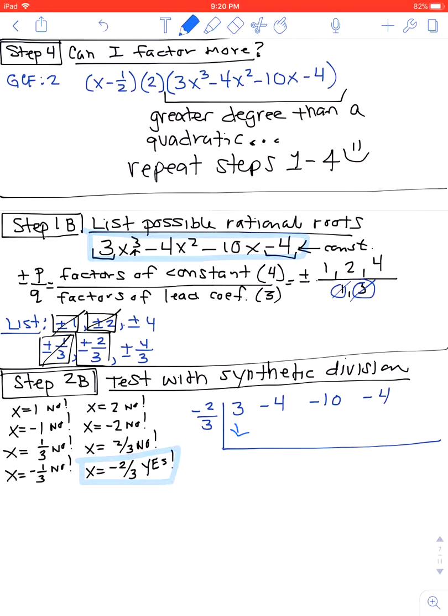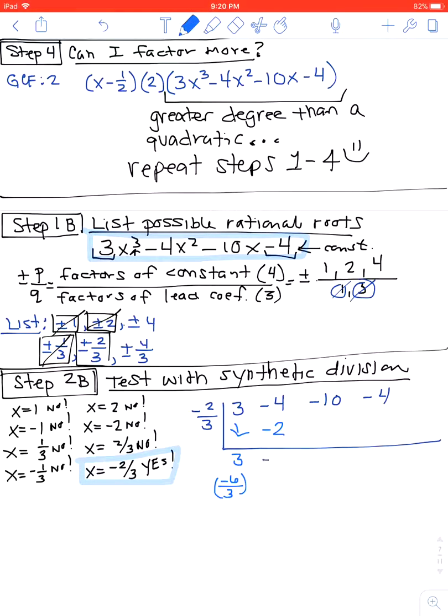Bring down our first term, 3. All right, so again, when you multiply with a fraction, you multiply with the numerator, divide by the denominator. So negative 2 times 3 is negative 6 divided by 3. That's negative 2.